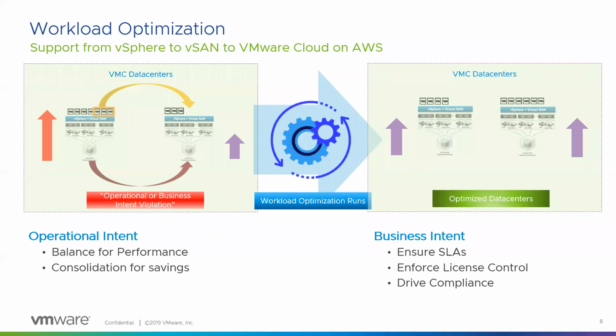And then the business intent is, I have an SLA that I have to meet for this gold tier, for example, of these VMs. So I want to make sure that if I need to move anything around, those VMs get priority. Maybe I'm trying to address a compliance issue, like I have PCI environments and non-PCI certified environments, and I want to make sure that my VMs that need to be in PCI environments stay in PCI environments and don't move out, and they're initially placed in those environments. Same thing with licensing enforcement as well.